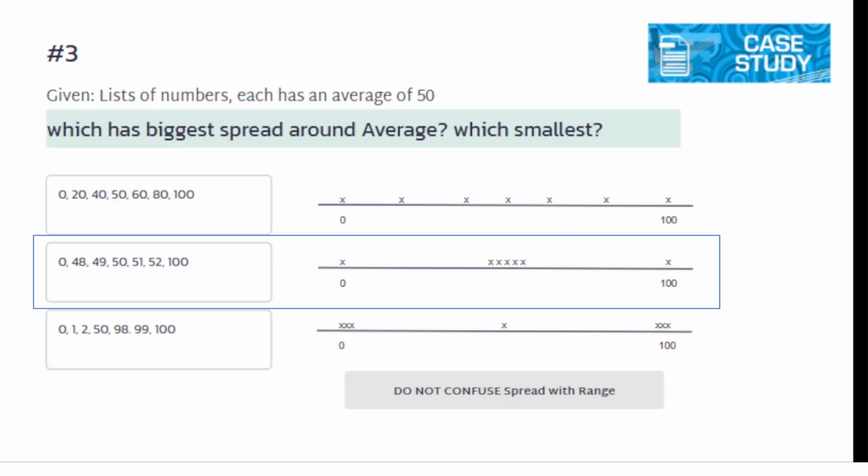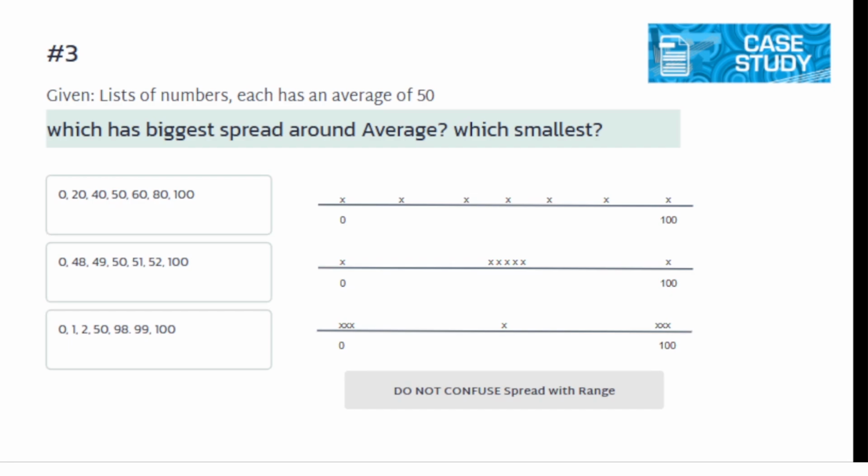You can say this one, yeah, because again the minimum and maximum is the same, but 5 of the numbers are very closely clustered around the average. So if you do the math, you will see that this one has the smallest spread around the average. More of the numbers are closer to 50. So that gives you the smallest spread.